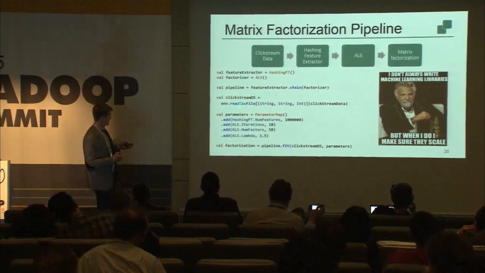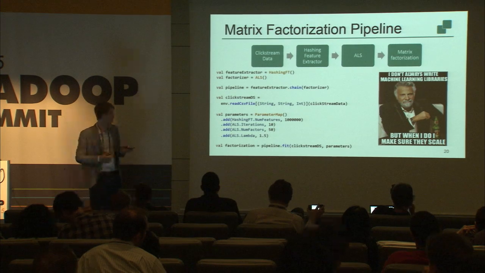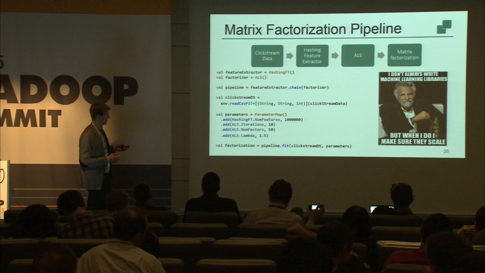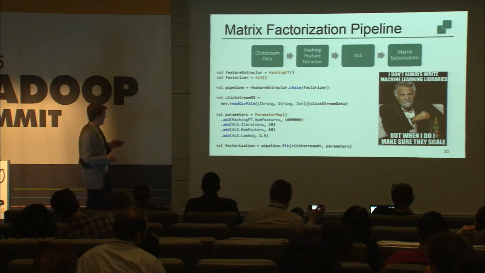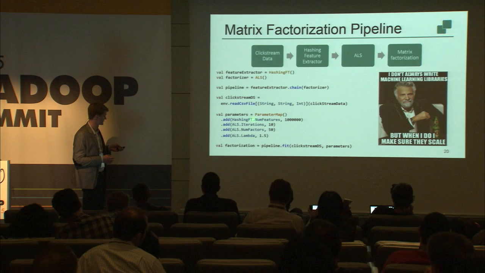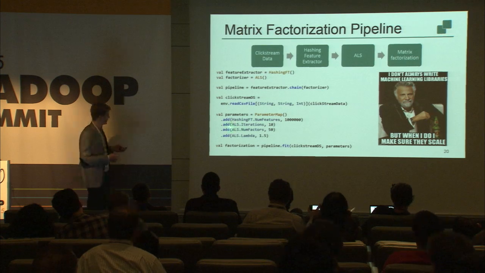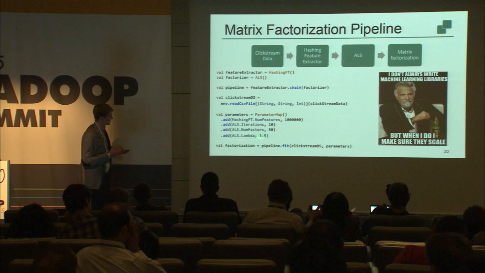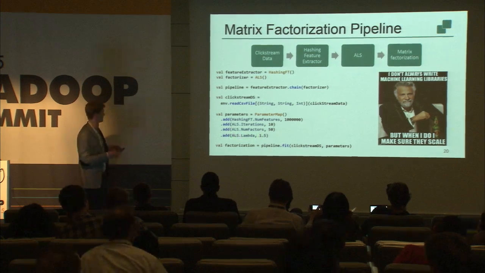We obtain the clickstream data, which we previously obtained with the log aggregation, from some file stored on HDFS. Then we have to define some parameters which define the behavior of the individual components, like how many iterations of ALS we want to perform, how many latent factors we want to calculate, and some regularization term, which avoids overfitting.